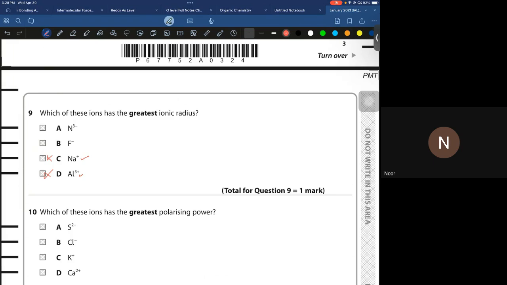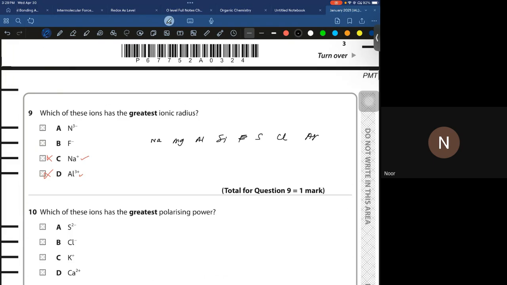So remember, when the charge increases, of course nitrogen is going to have a 3 minus charge. I told you across the period size decreases. If you look at the periodic table, you will see sodium, magnesium, aluminum, silicon, phosphorus, sulfur, chlorine, then argon.